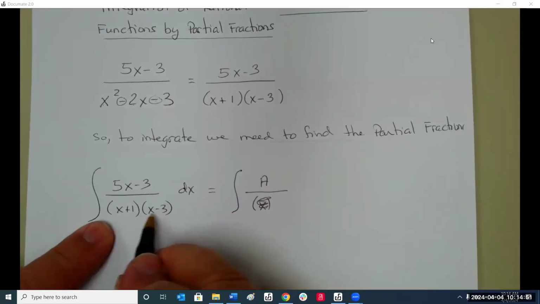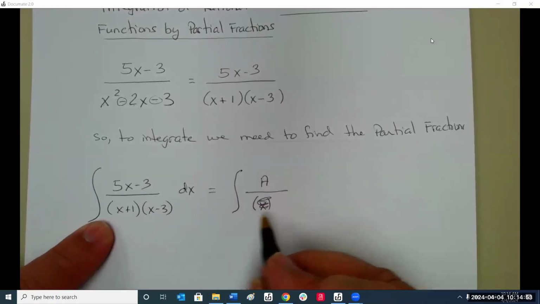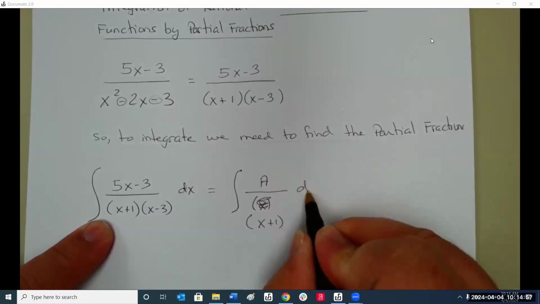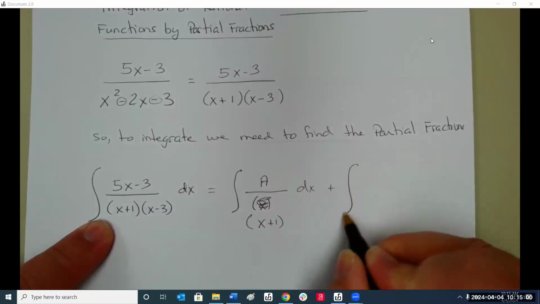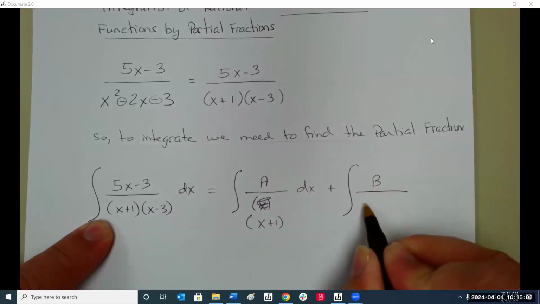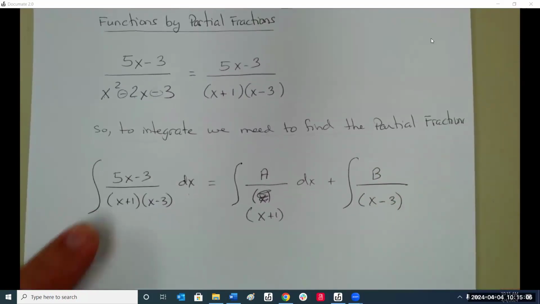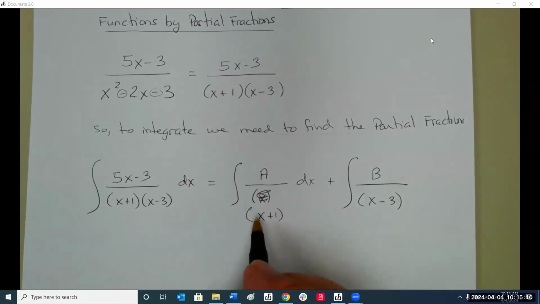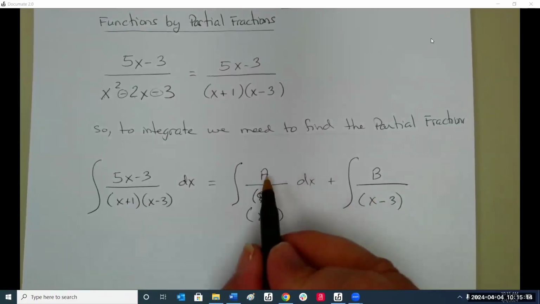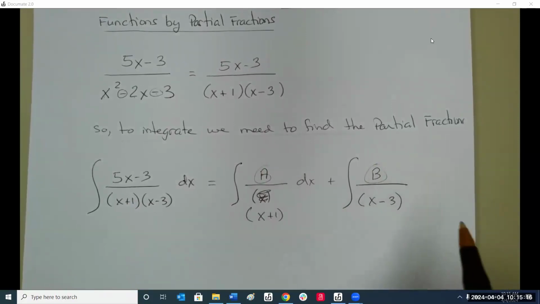Since we have linear factors on the bottom, our denominators are going to be each one of those separately. So what we have to do now is figure out what A and B are in reference to these factors.